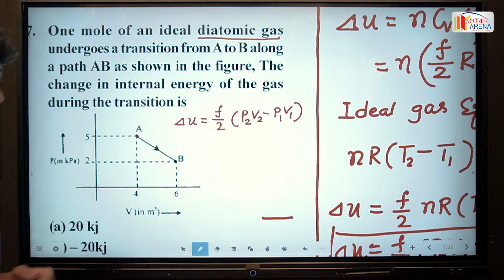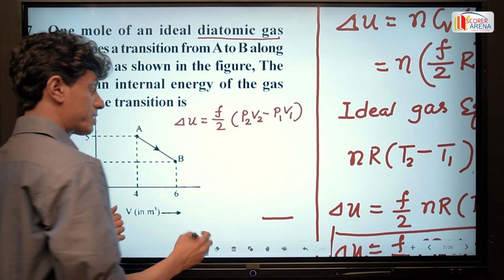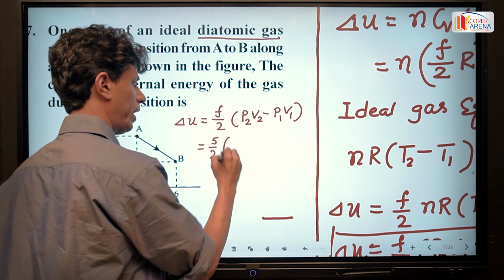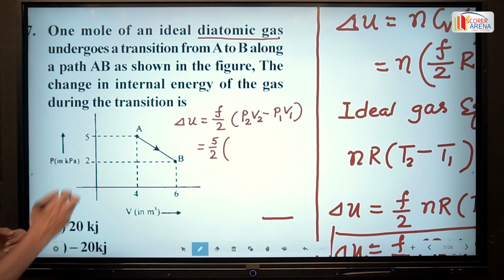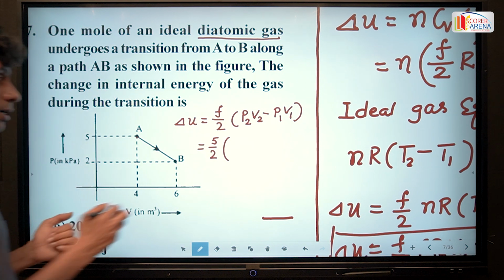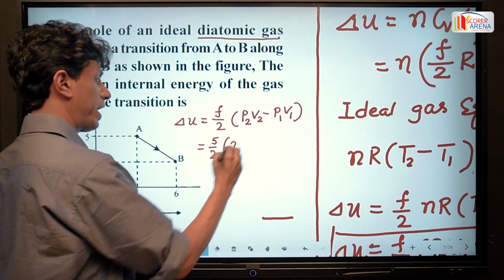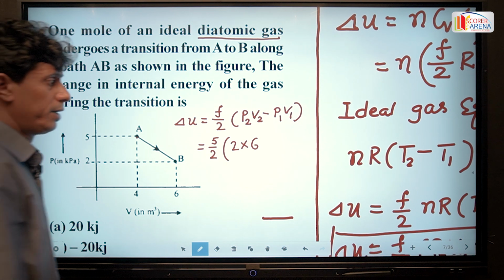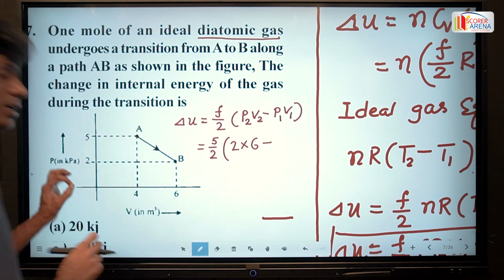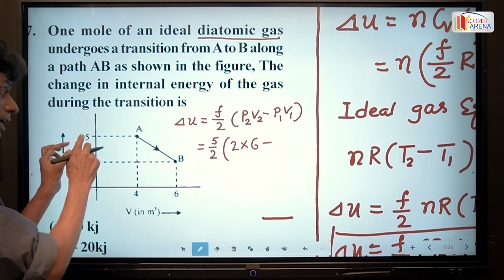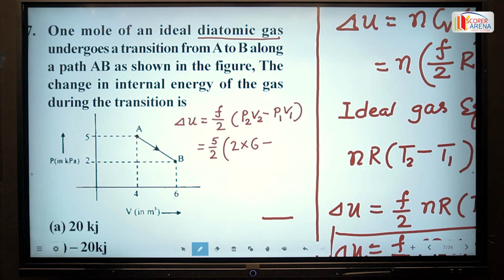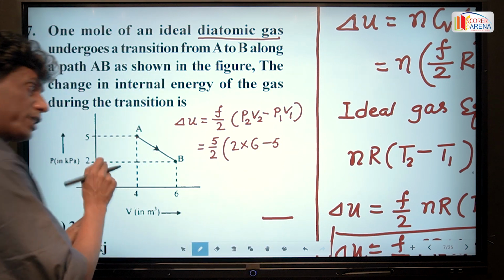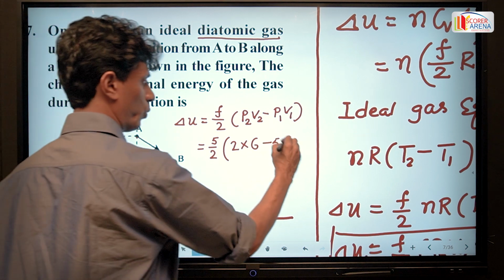Since the gas is diatomic, we can say this is 5 by 2, and final pressure is 2 kilopascal, so this is 2, and final volume is equal to 6 as per the diagram, minus pressure initially given in the diagram is 5 kilopascal, so it is 5, and volume initially is 4.